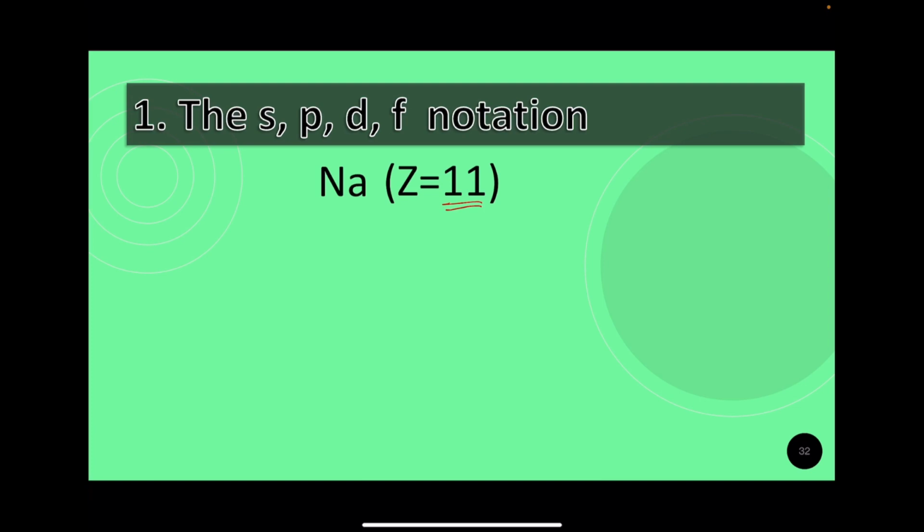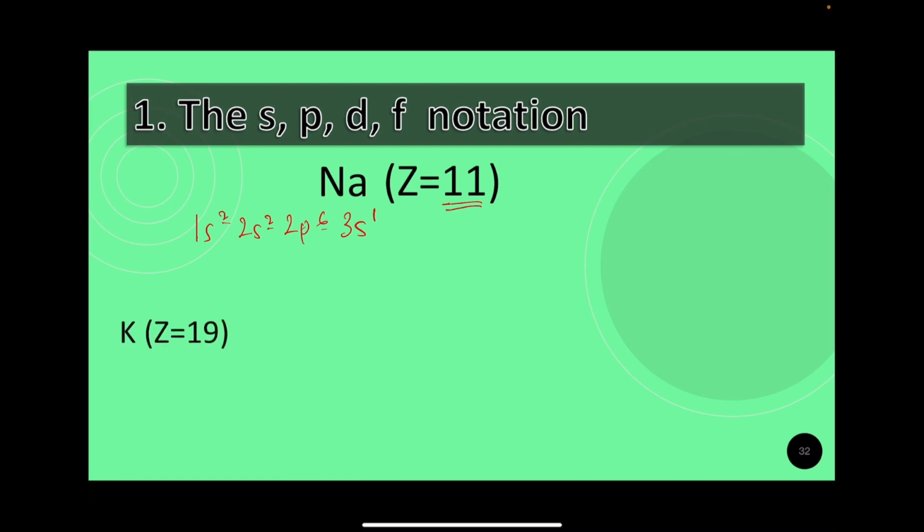So we start with 1s2, 2s2, 2p6, which means you already use 2, 4, 10 electrons. Now only 1 electron remains, so you just fill it in after 2p, which is 3s1. So this is how to write down the electronic configuration in SPDF notation for sodium.